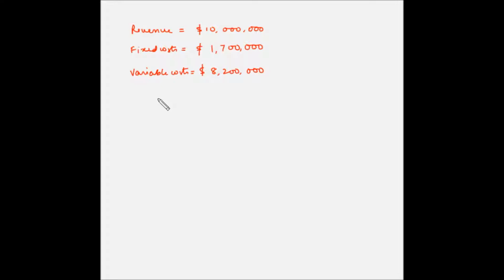Now the budgeted operating income is nothing but the operating income expected based on the budgeted numbers. And we know that operating income is nothing but profit. And profit in its simple terms is equal to the selling price minus the cost price.